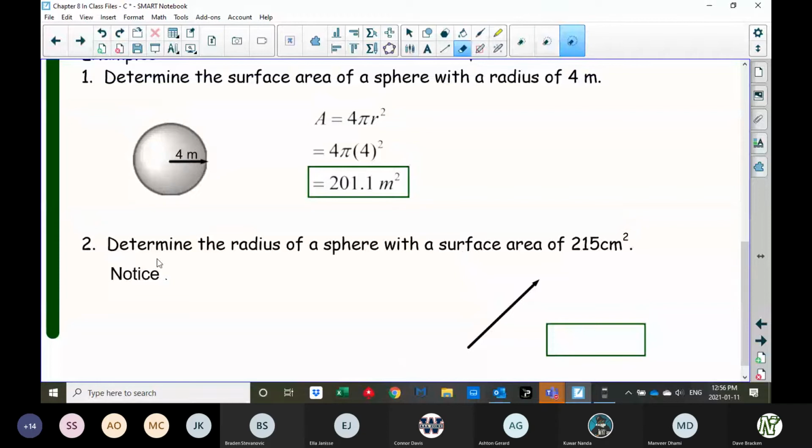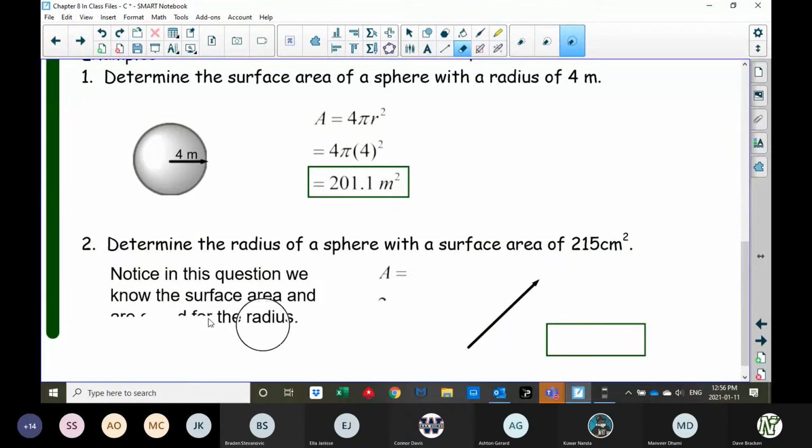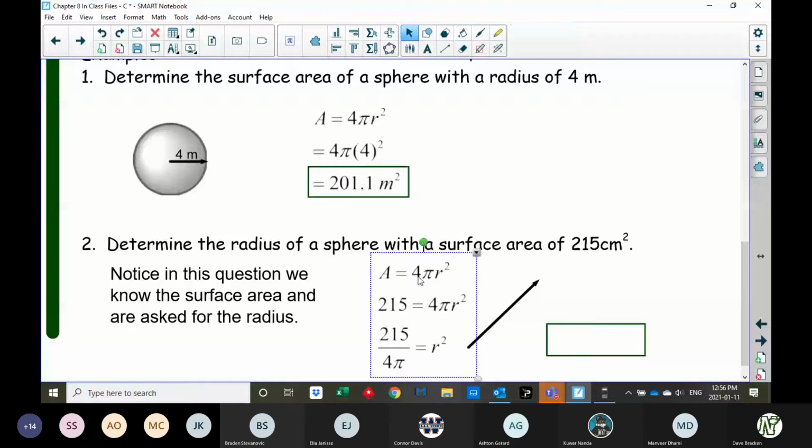For the next one, determine the radius of the sphere with a surface area of 215 centimeters squared. So notice in this question, we know the surface area. We are asked for the radius. Now, we already went through this whole conversion. We actually went through this conversion, but look what I did on this one. A equals 4 pi r squared.